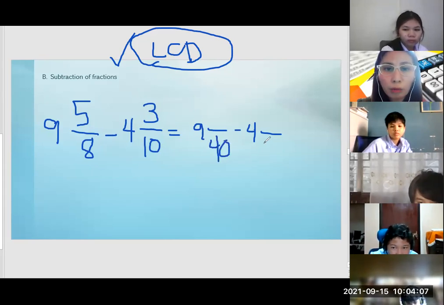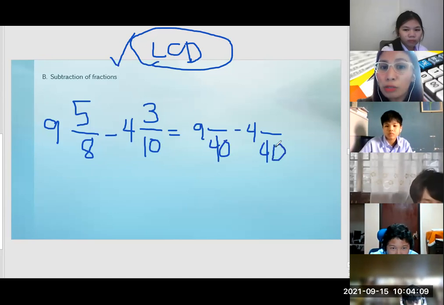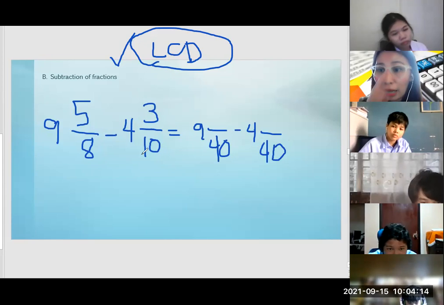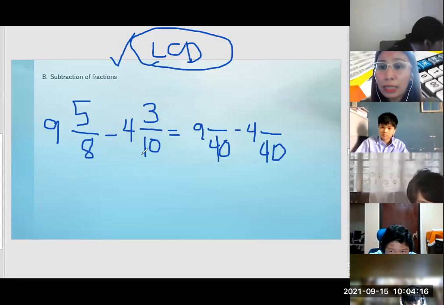40 is it. We can use 80, class. We can use 80. Pero, again, like what I've said, maraming steps. I-simplify nyo pa ng i-simplify.